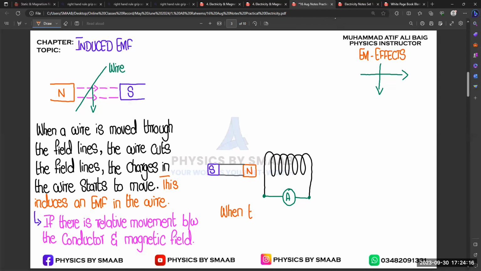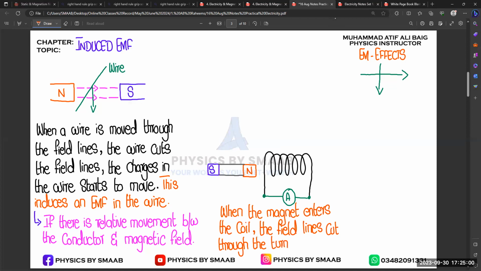So when the magnet enters the coil, the field lines cut through the turns in the wire, inducing an EMF, right?